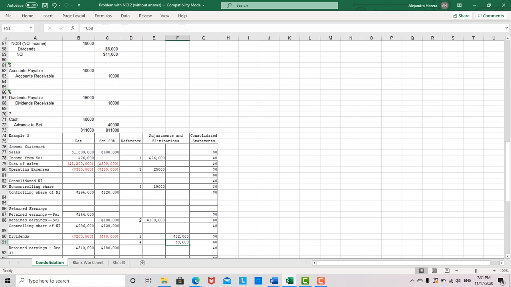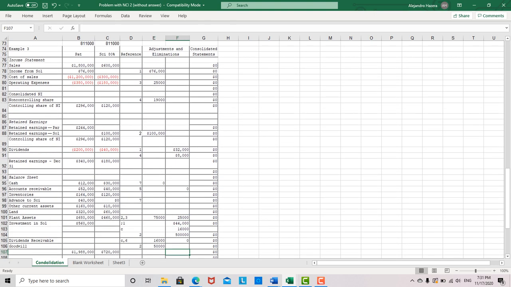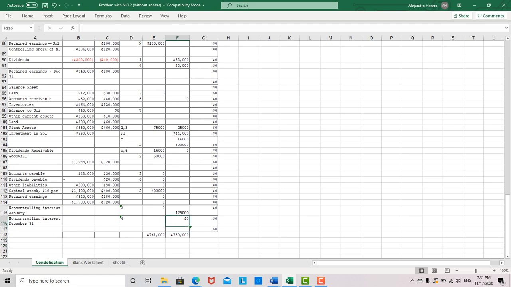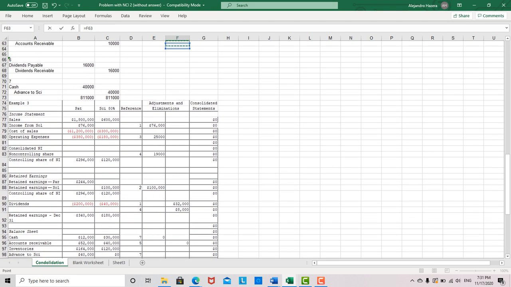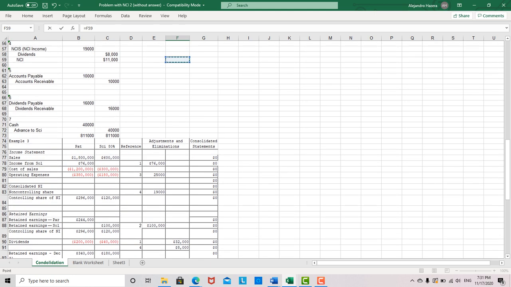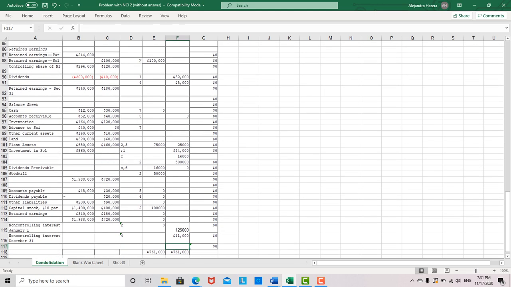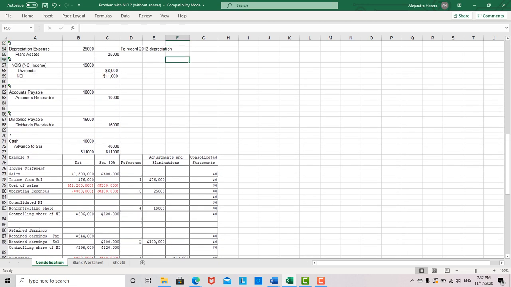And the difference between the 19 and the 8,000 is the $11,000 increase in non-controlling interest during the year. So go up here, and there's your non-controlling interest increase, $11,000. Okay, then we're balancing so far.